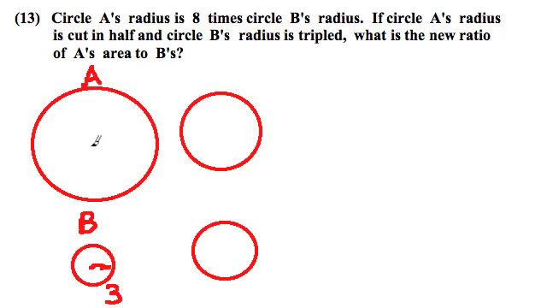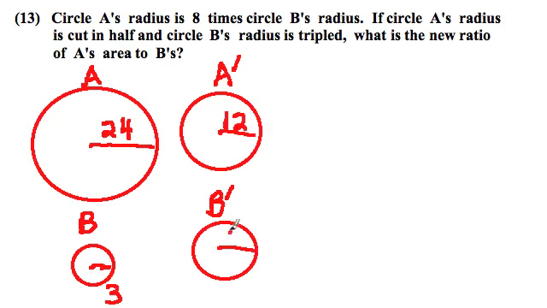So 8 times this would be 24. And call the new circles A prime and B prime. A's radius is cut in half, so that's 12. And B's is tripled, so that is 9.